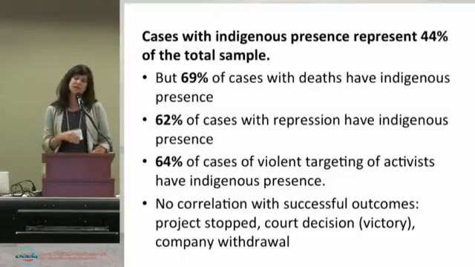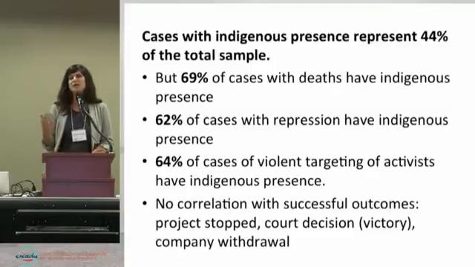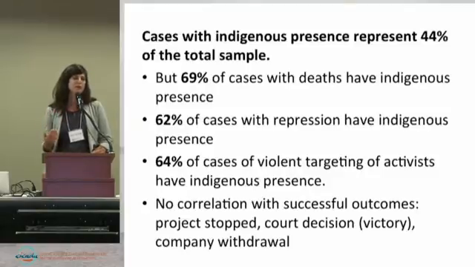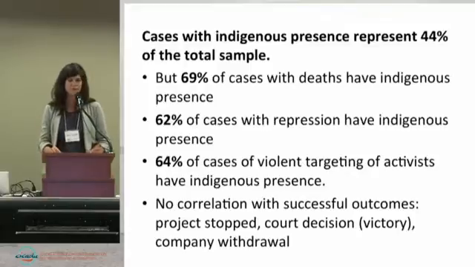If I only look at the cases where we have deaths, you see that the presence of Indigenous communities is 69%. When there's community repression, it's 62%. And when there's violent targeting of the activists, it's 64%. Meanwhile, with successful outcomes, such as the project being stopped, a successful court decision, or company withdrawal, there's no correlation.